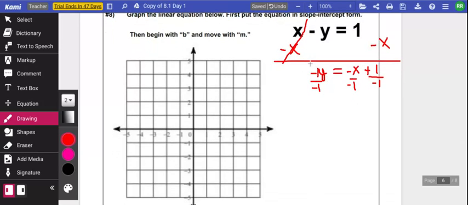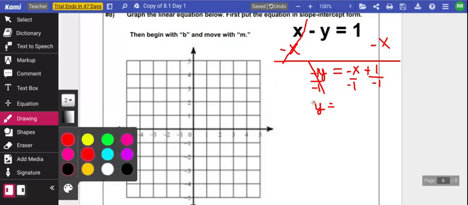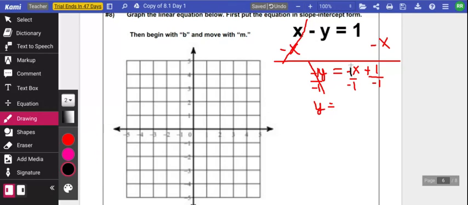So these negative 1s simplify to 1y, which is what I want. Right here I have negative 1 over negative 1, which is just positive 1. So this is positive 1x, or just x. And right here I have 1 divided by negative 1, which is negative 1.